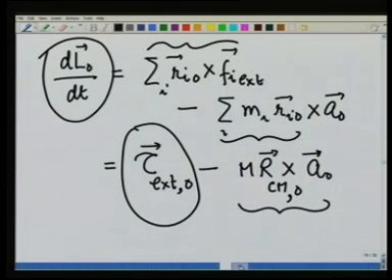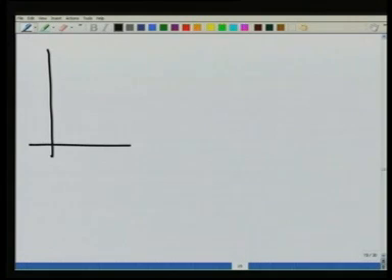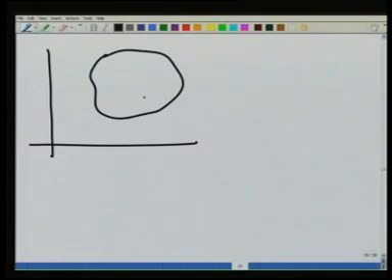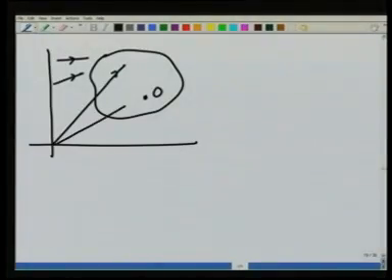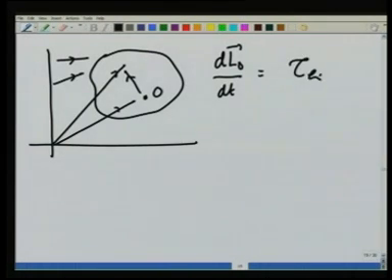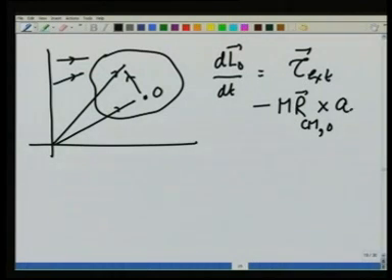Let me remind you again what we are doing. We are taking a rigid body, taking an arbitrary point O on this, applying some force on the rigid body, and calculating the torque due to this force with respect to point O. Point O could be accelerating, moving, whatever, and then when I analyze this, what I find is that dL_O/dt is equal to tau external minus m R of CM with respect to O cross acceleration of O, and I want this term to be 0.